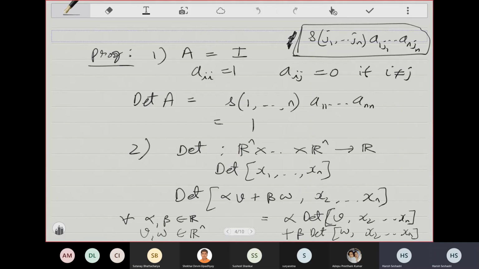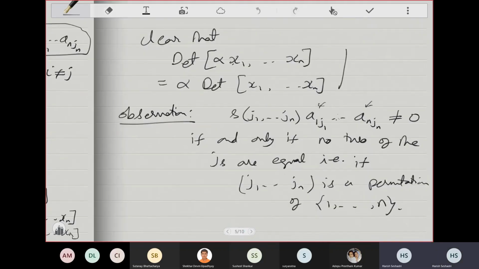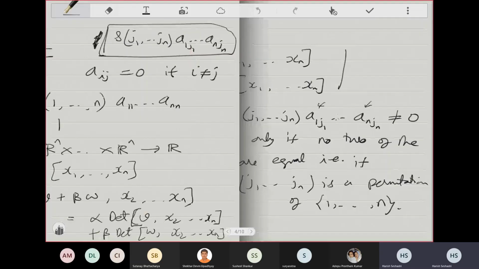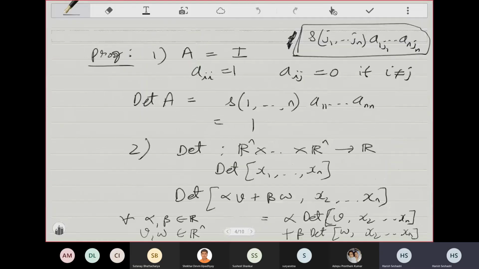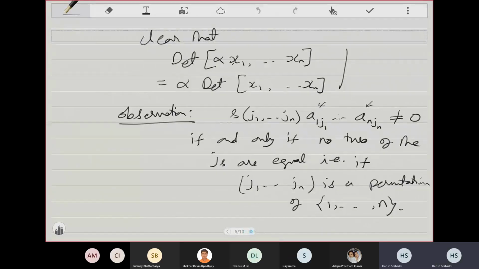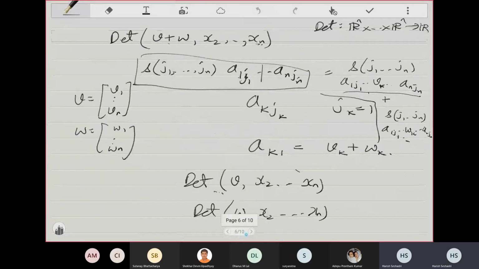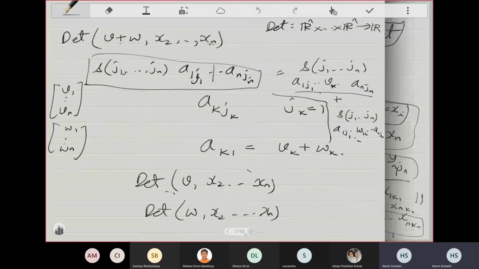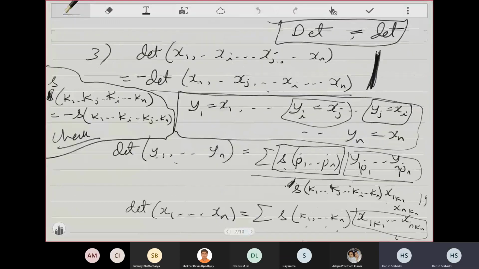First one was determinant of identity is 1. Second one was multilinearity. Third one is the alternating property.